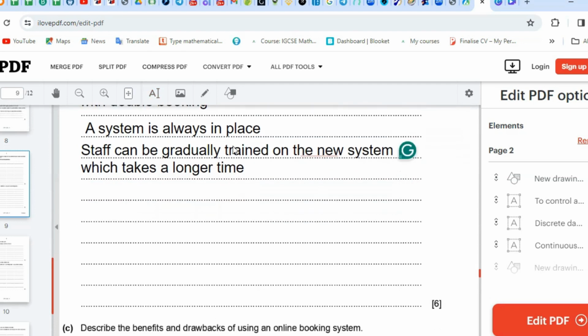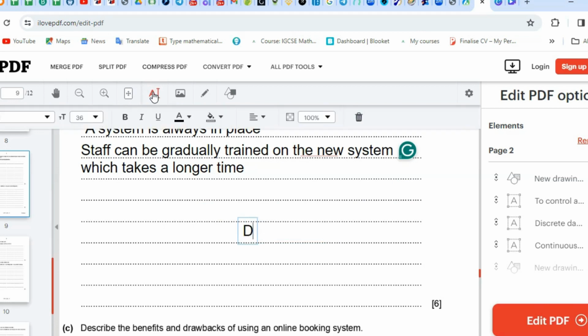Direct changeover. So the number one here is no system will be in place during the changeover. Unlike the parallel running that has old and new, this one doesn't have both.